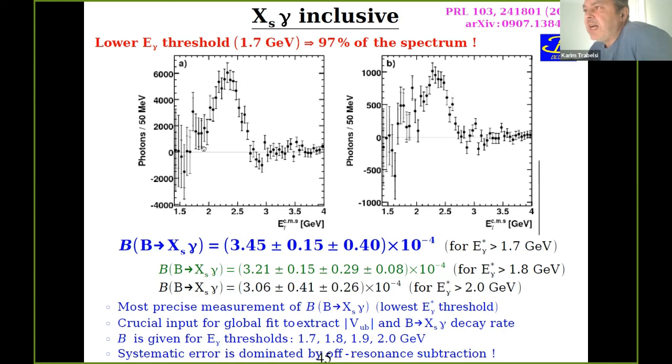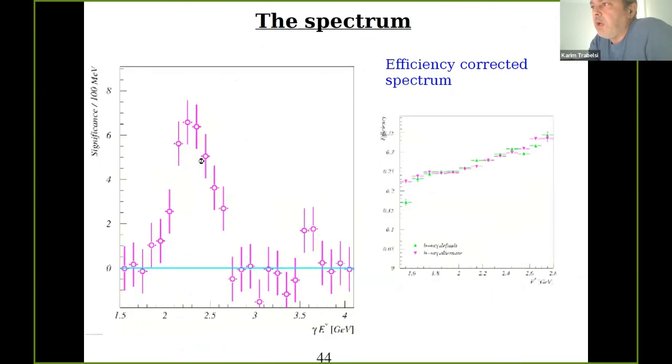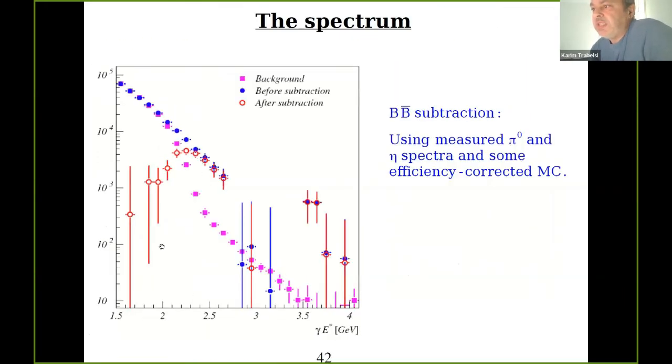But as I said, as you go lower than 2 GeV, and here we see the plot after subtraction, but you have to see the plot before subtraction. And this is in log scale.